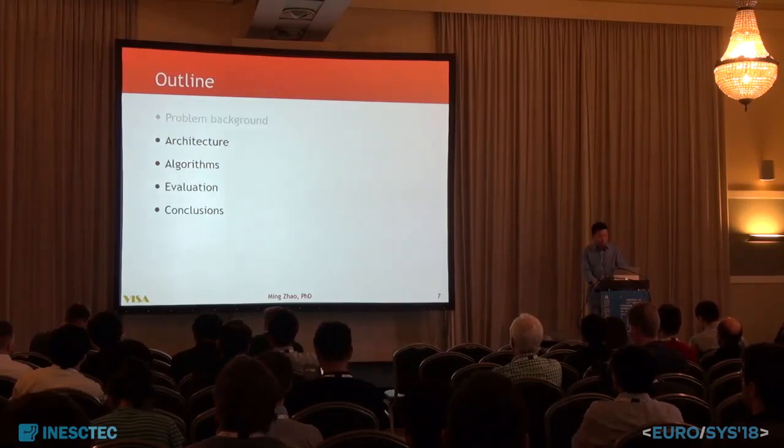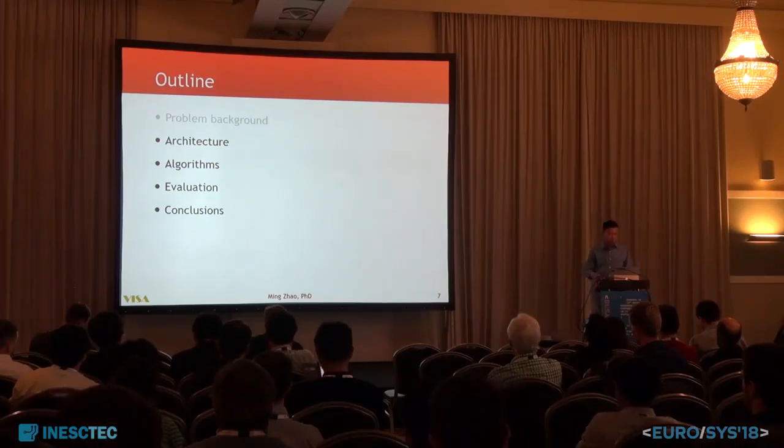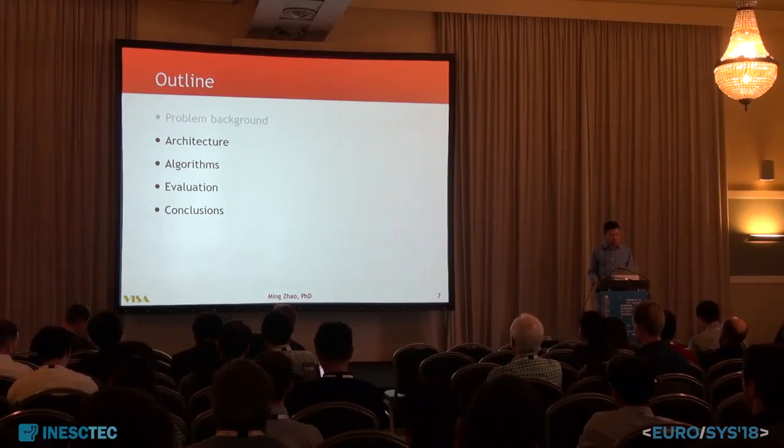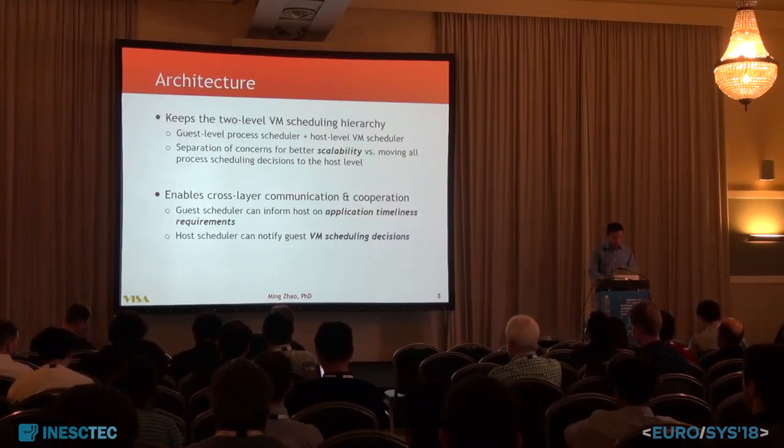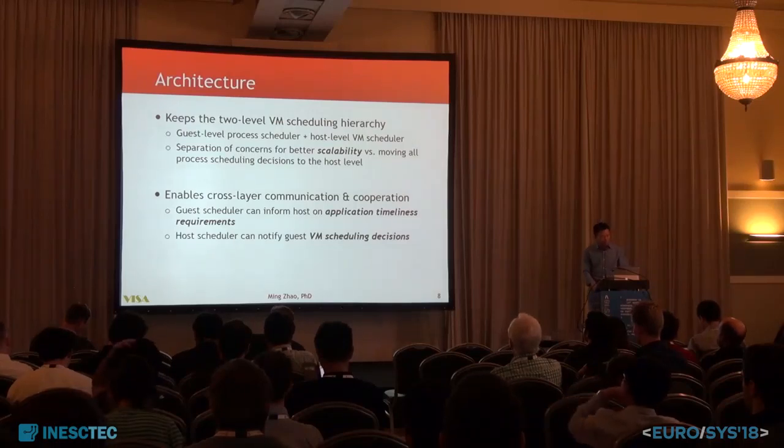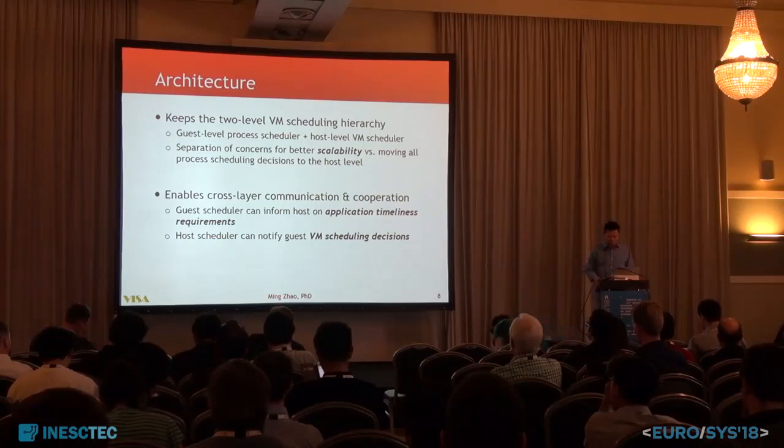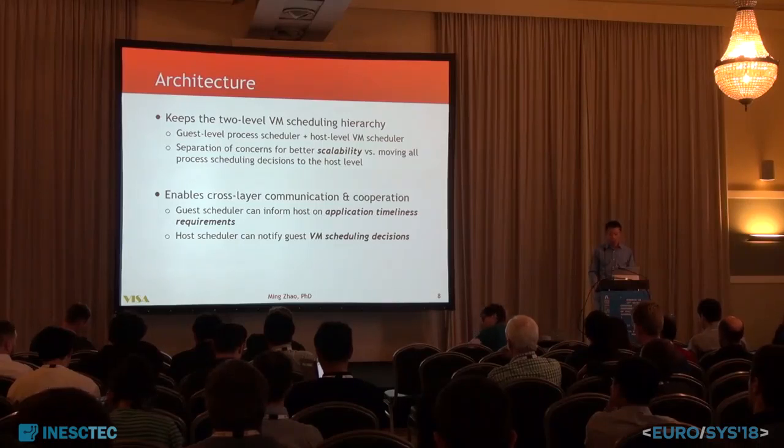So I have already introduced the problem background. In the rest of my talk, I will explain the scheduling architecture and algorithms of RTVirt, experimental evaluation, and finally the conclusions. In terms of architecture, we made the decision to keep the existing two levels of schedulers in the virtual machine system.